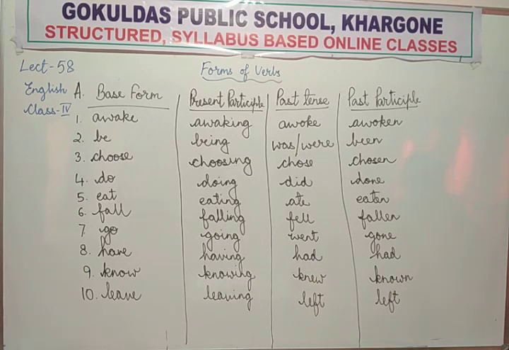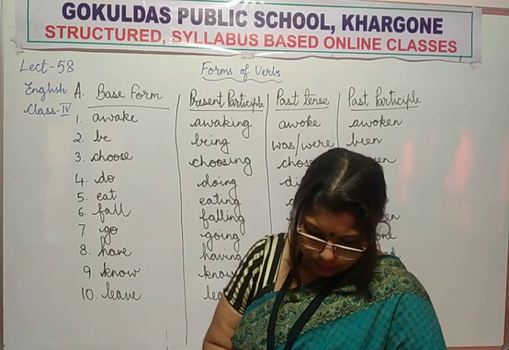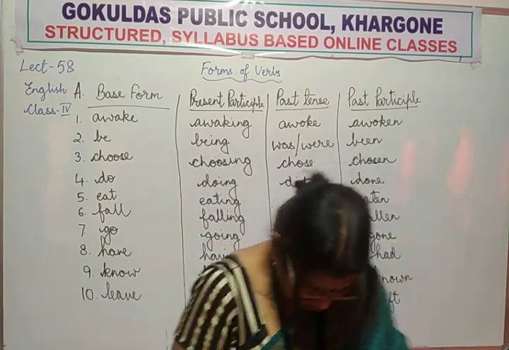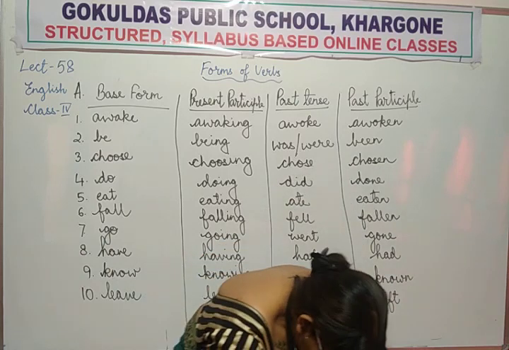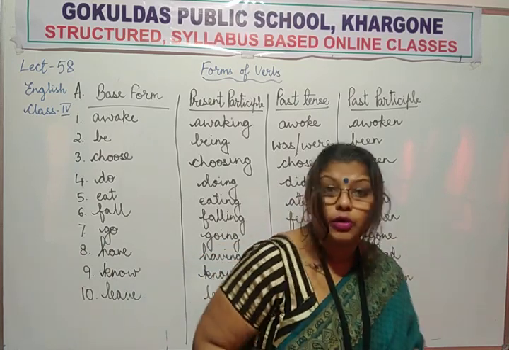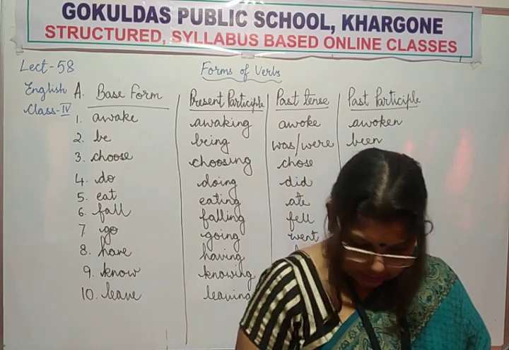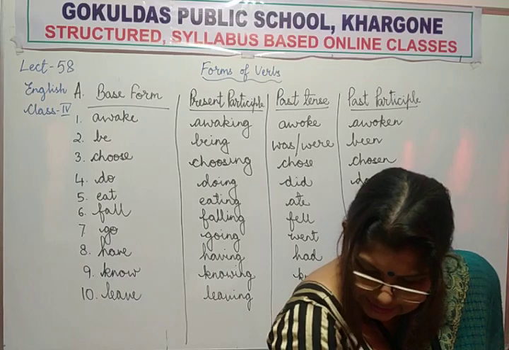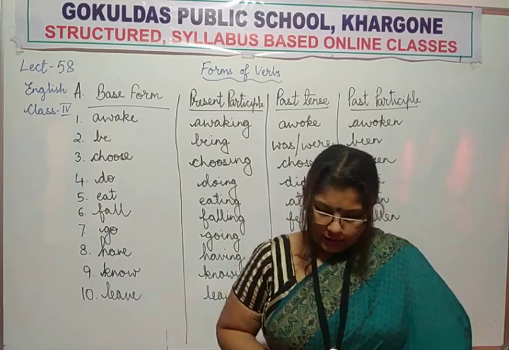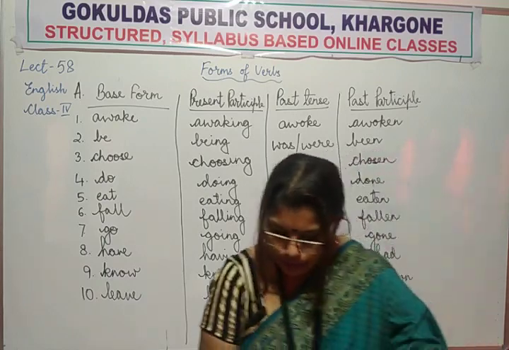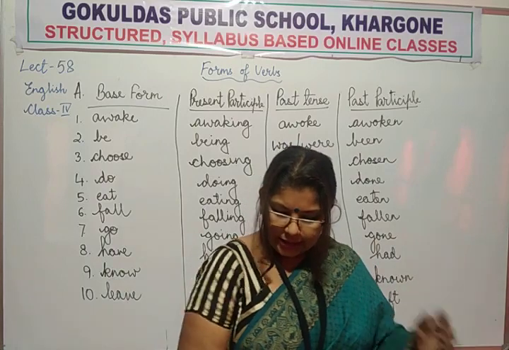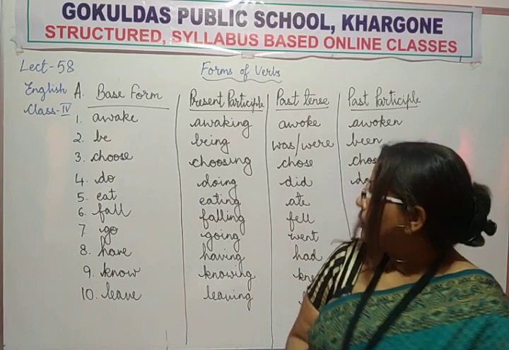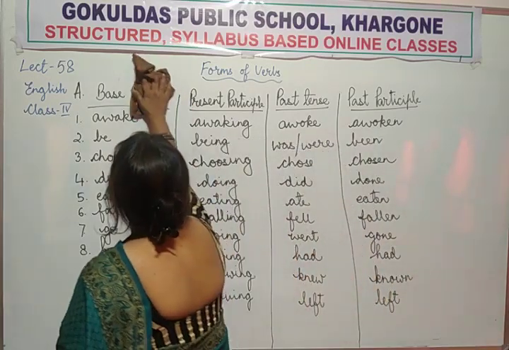Okay, right children, so this was it. Now I'm going to rub this and quickly go to section exercise B, right? So there are sentences, we have to choose the proper word and the proper form. Fill in the blanks with correct forms of verbs given in the bracket. So let's rub this, start writing.